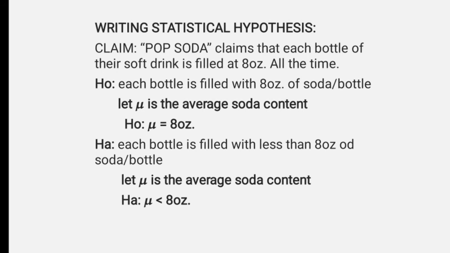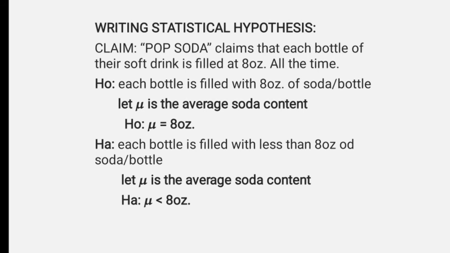So by writing it out in a statistical notation, you need to set your mu, which is your population mean, as the average soda content of this particular manufacturer, which is Pop Soda.